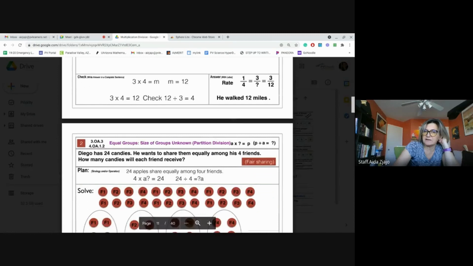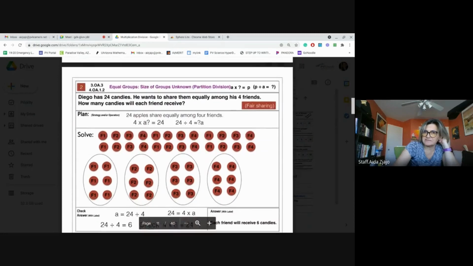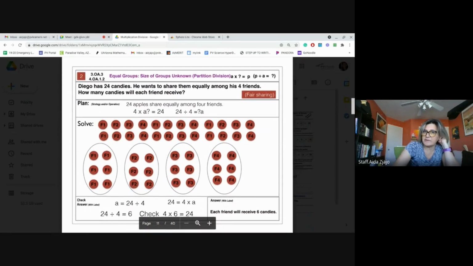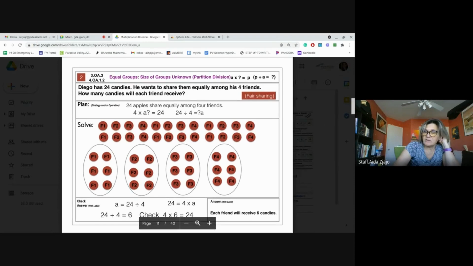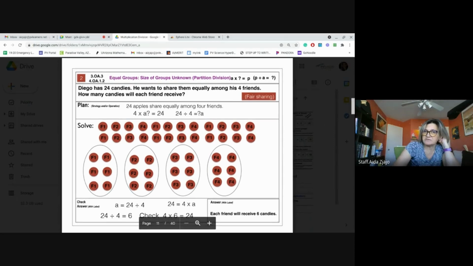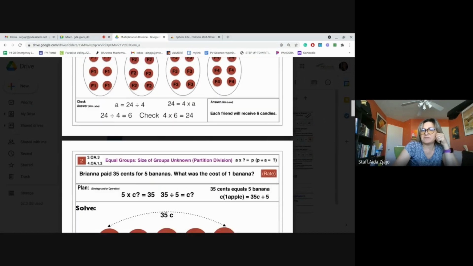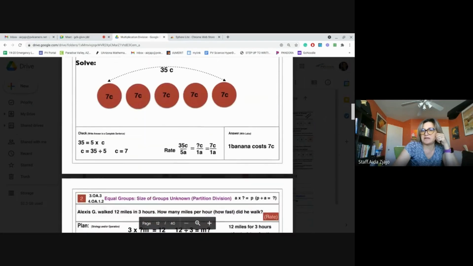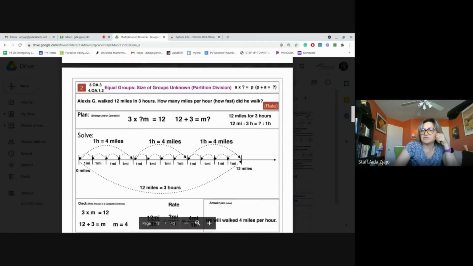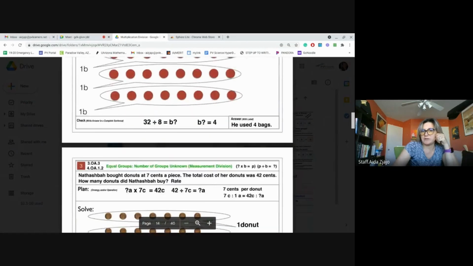And then again, these examples are like size of a group unknown. We know how many groups we have, but we don't know the size of each group. And so that is called equal sharing or fair sharing. And then the next two examples are the rate examples. So on, you can go all through those examples.